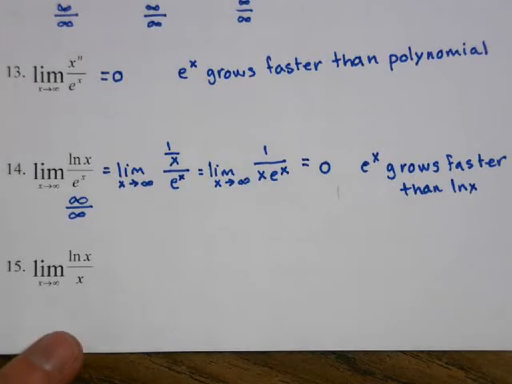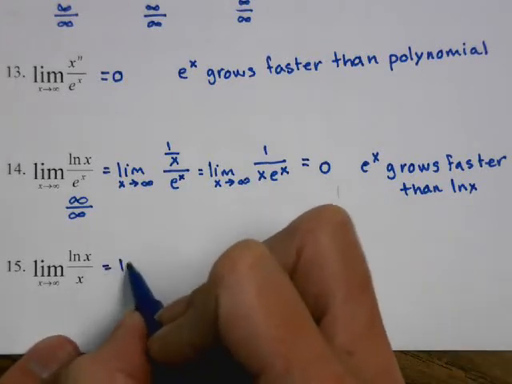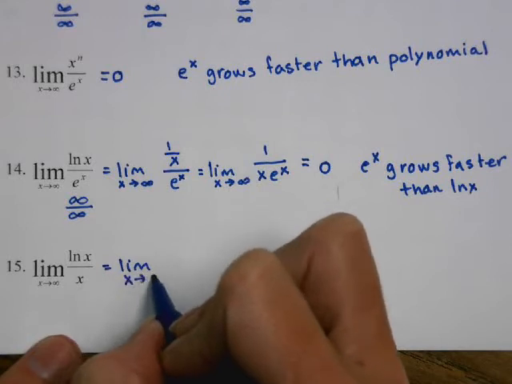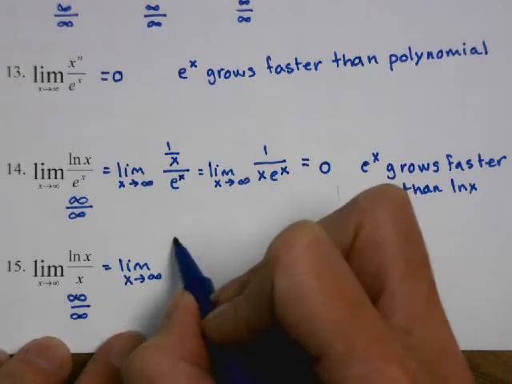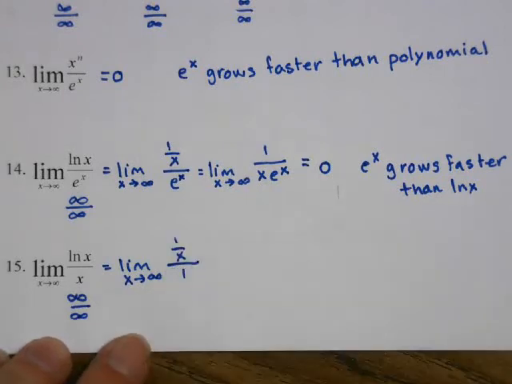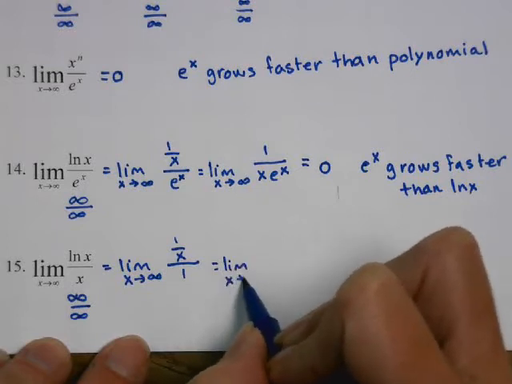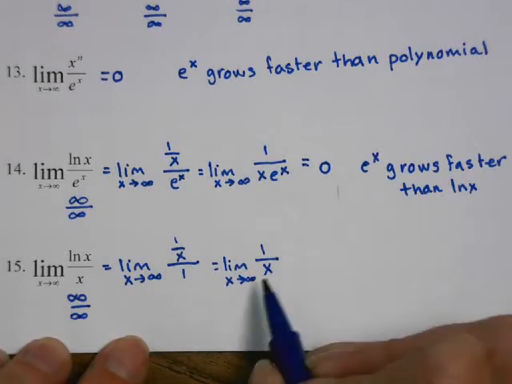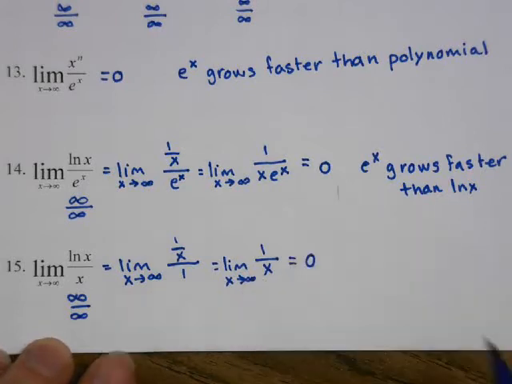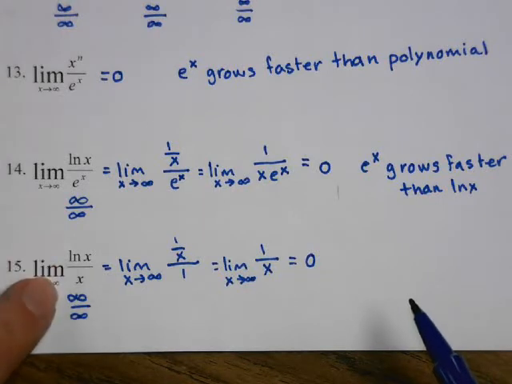Okay, let's look at log compared to x. This is still infinity over infinity. So we're going to have 1 over x over 1, which is just 1 over x. As we go to infinity, this again is going to go to 0. So this again is growing slower than x.